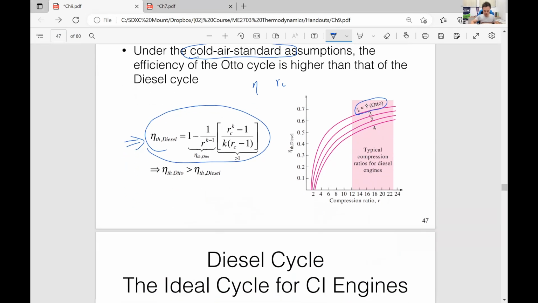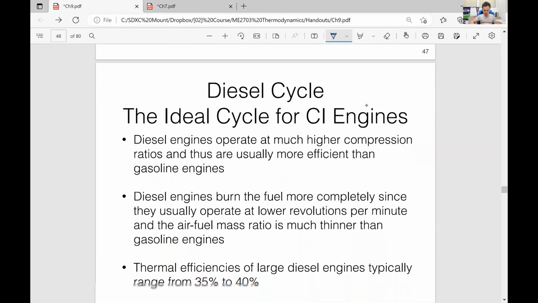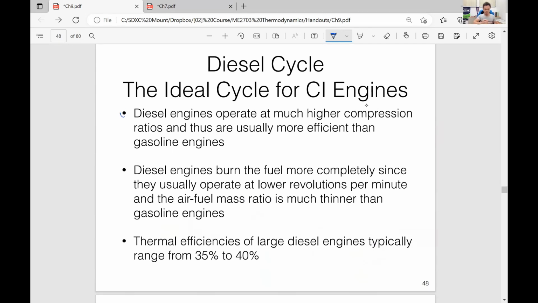So look at this. Diesel engines operate at much higher compression ratios and thus are usually more efficient than gasoline engines, or Otto cycles.